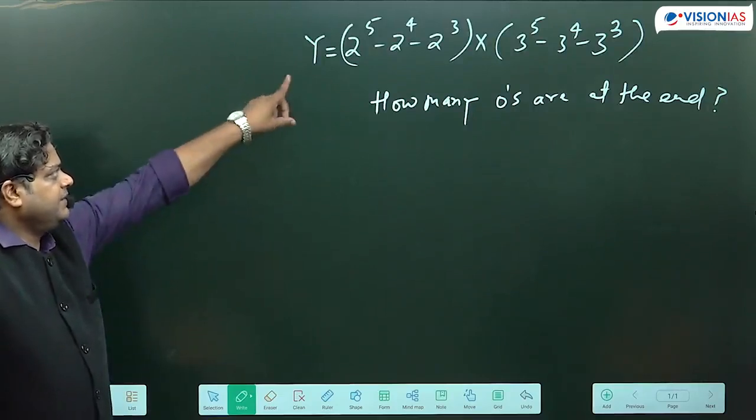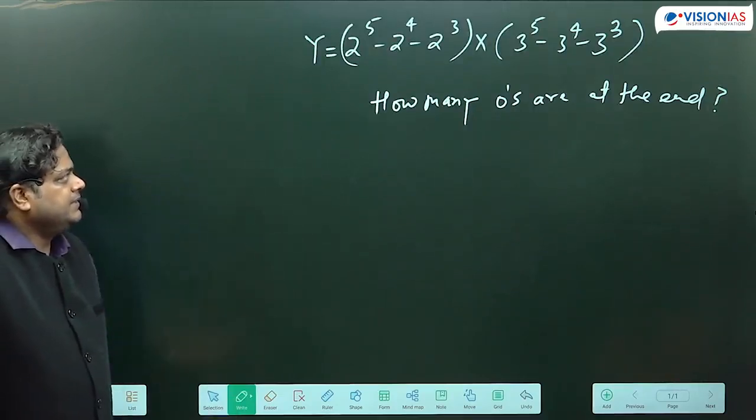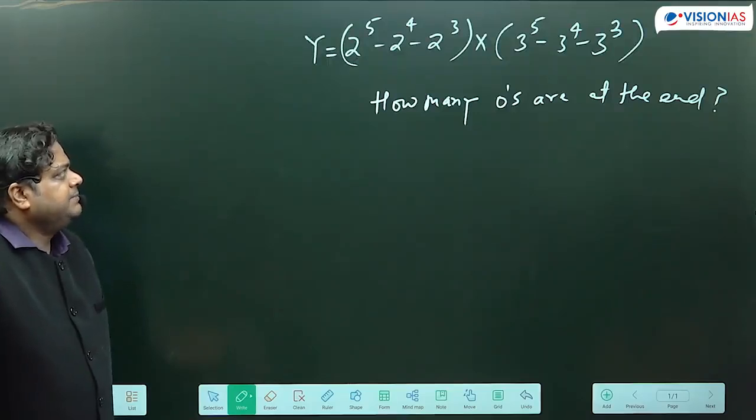So this is 2 के पावर 5 minus 2 के पावर 4 minus 2 के पावर 3 multiplied by 3 के पावर 5 minus 3 के पावर 4 minus 3 के पावर 3.